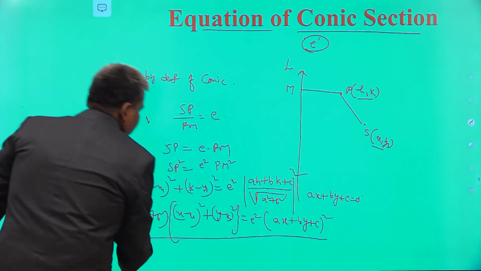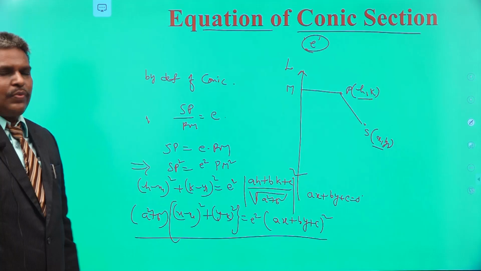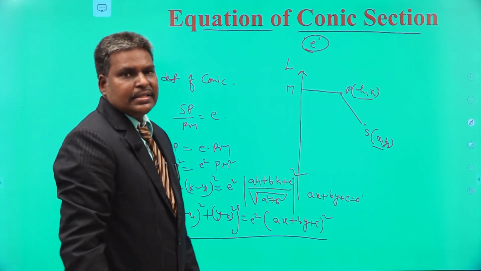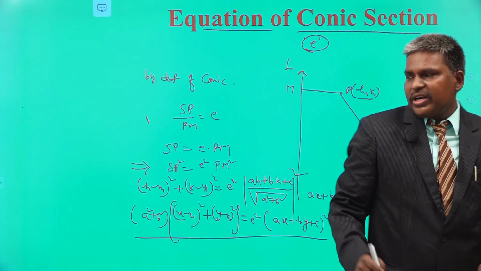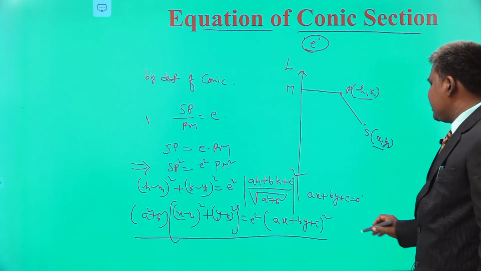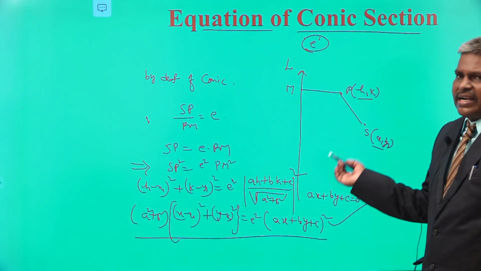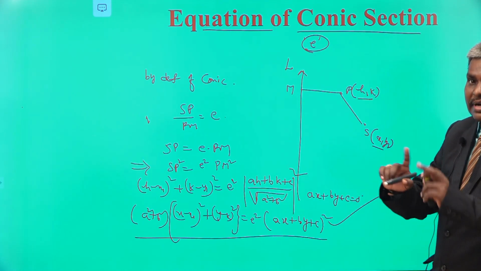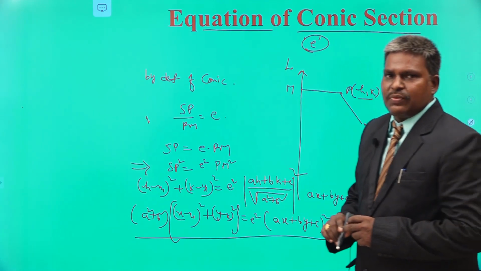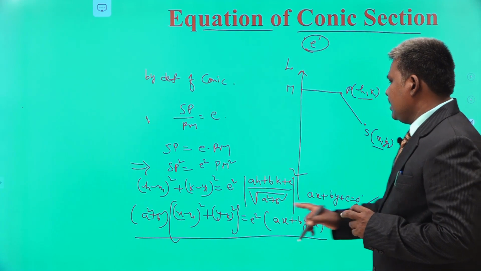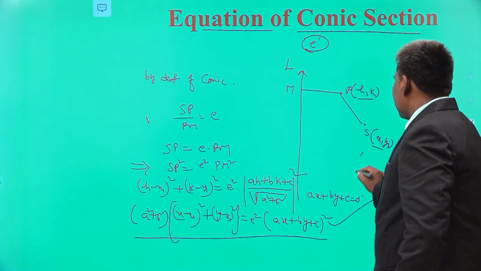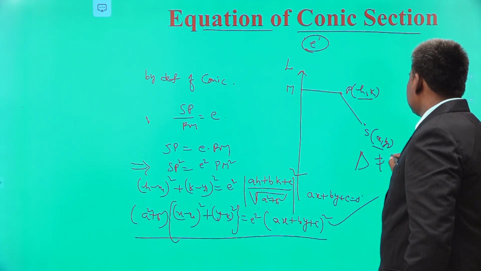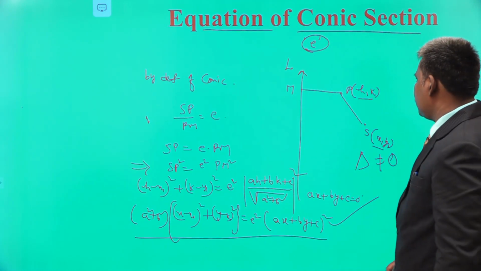whole square. This is the second degree equation. It is not resolved into the product of two linear factors. That is why it is called a conic. A pair of straight lines equation is also second degree, but that can be split into two linear equations. Here, this second degree equation represents a conic. Here, delta is not equal to 0.